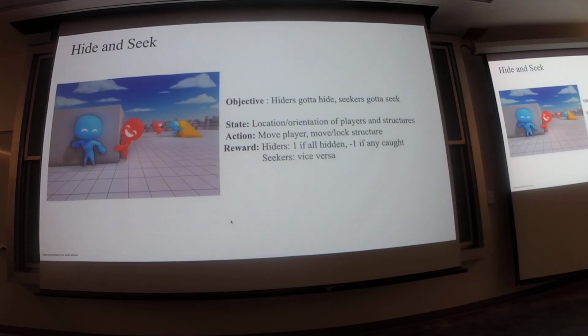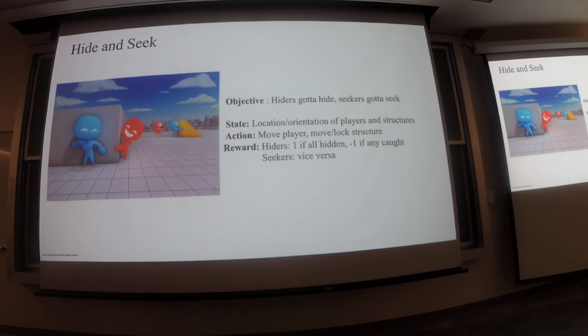This barely came out from DeepMind. This is totally cool. Has everybody seen this? Okay, I think this is great. So basically, this is multi-agent reinforcement learning. There are two teams playing hide and seek against each other, hiders and seekers, and they're put into an environment with fixed structures like walls, and also movable structures that can be locked into place.